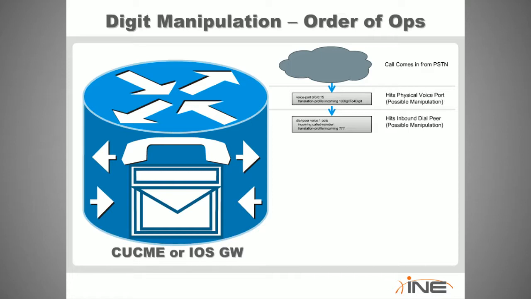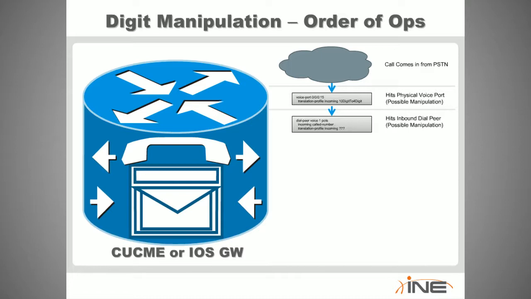And what the inbound dial peer sees is a result of whatever happened at the inbound voice port voice translation. So if we wanted to do further digit manipulation here, we would have to match a pattern and then translate it based on whatever was the result of what happened at the inbound voice port.